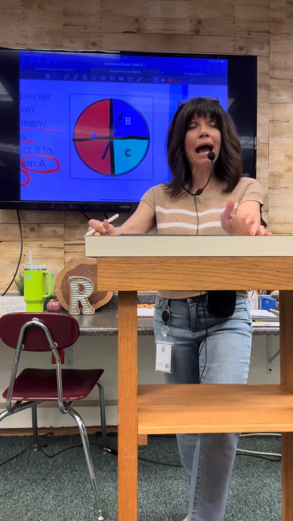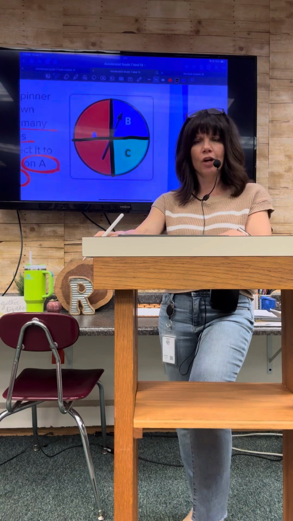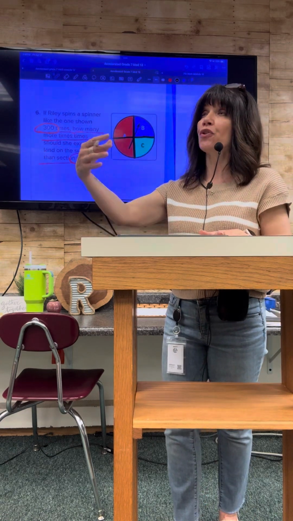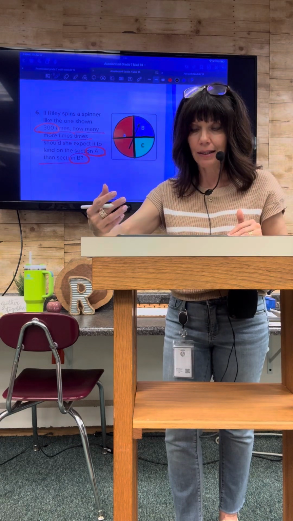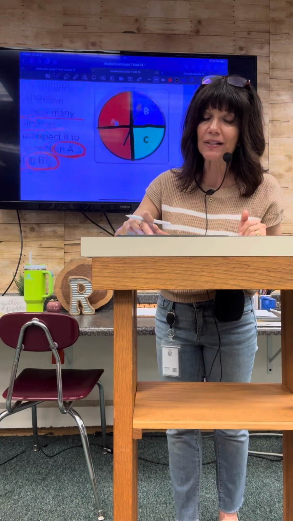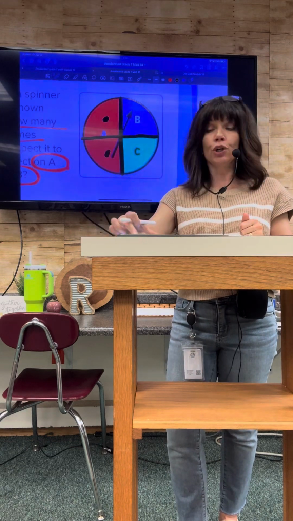All right, so that now I have 4 equally sized slices. Do you see what I'm talking about? Okay, so now let's do the theoretical probability of landing on a red. How many of the same size slices are red? 2.